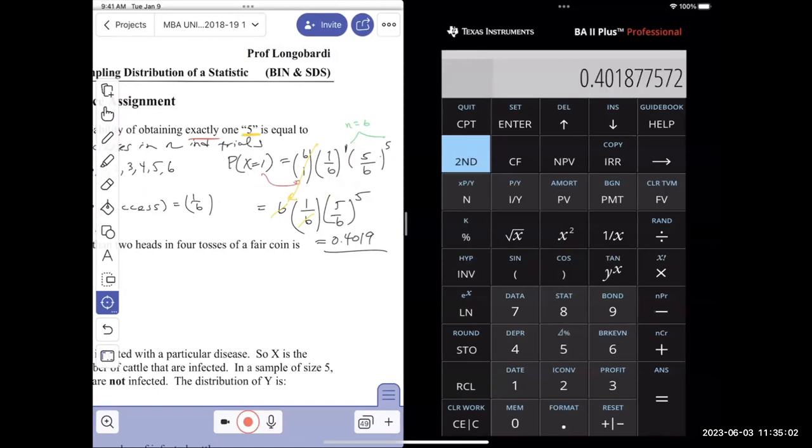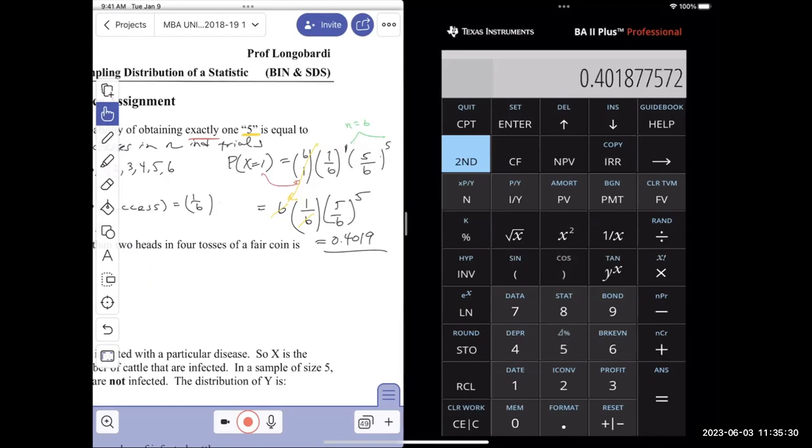Do you want to see that again? So all these ways, I should also be able to put it in Excel and get the same answer. All these ways should give me the same answer. All right, so one more time in my calculator. 6 multiplied by 1 divided by 6 times bracket 5 divided by 6 close to the power 5.